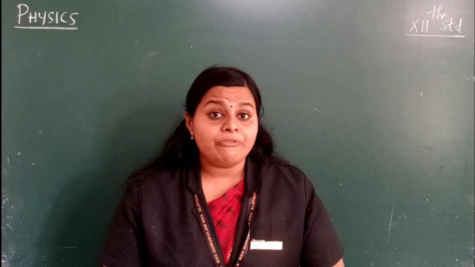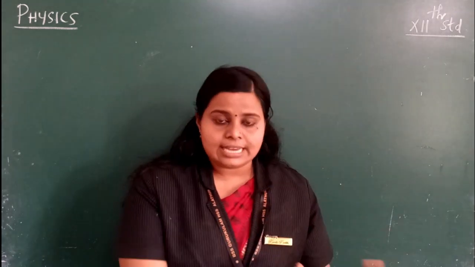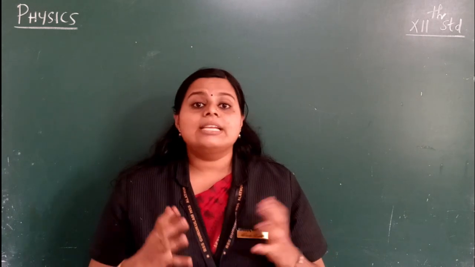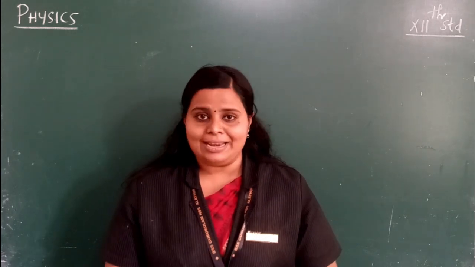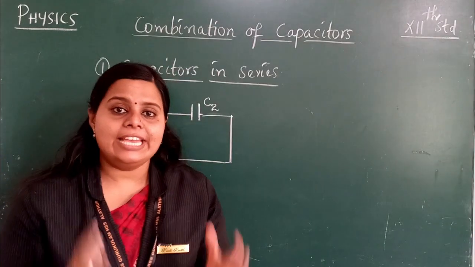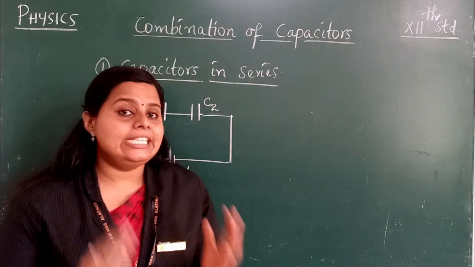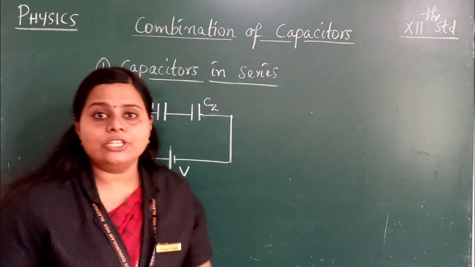So there are two different combinations. The first one is capacitors in series and the second one is capacitors in parallel. So listen children, let's get into the topic combination of capacitors. First let's discuss the series combination of capacitors.